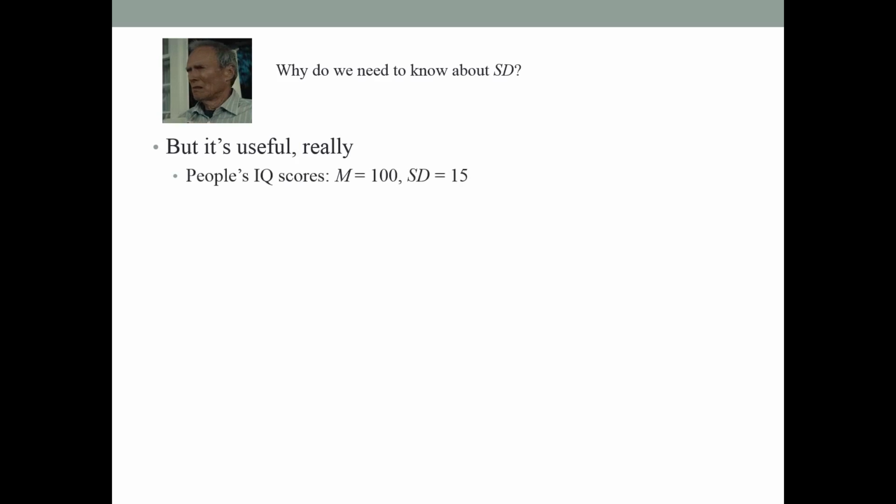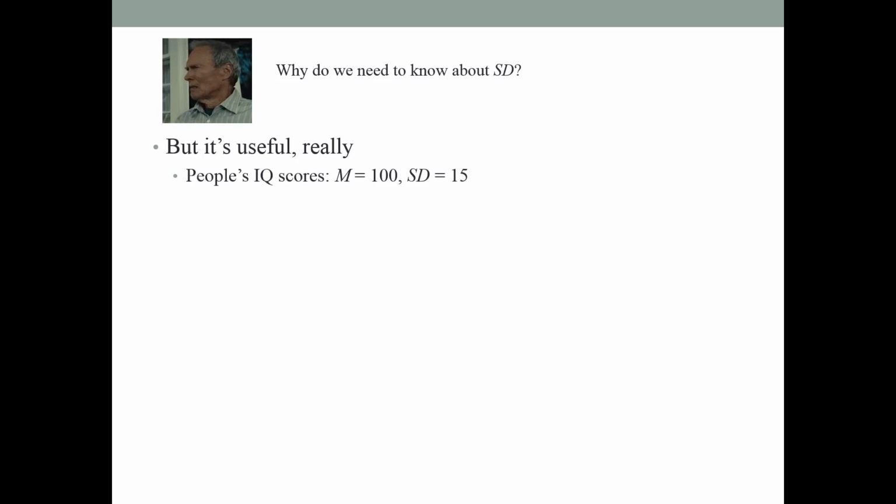Another thing is this: why do we need to know about standard deviation? It's really useful. For example, as we know, people's IQ scores, the mean is about 100, and the standard deviation is 15. This is a standardized score.